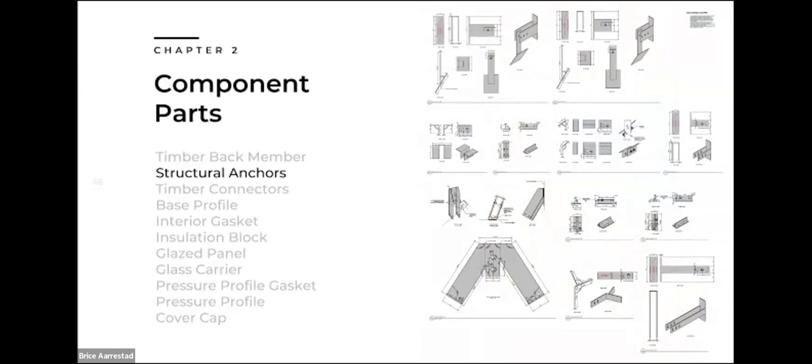They can be configured in a lot of different ways to meet your project conditions, whether it's how you're anchoring to a knee wall, a concrete stem wall, how you're anchoring to a mid-span connection, whether that's a wind girt or a floor slab, whether it's a welded connection or a bolted connection. There's a lot of flexibility and customization in this part of a timber curtain wall system.